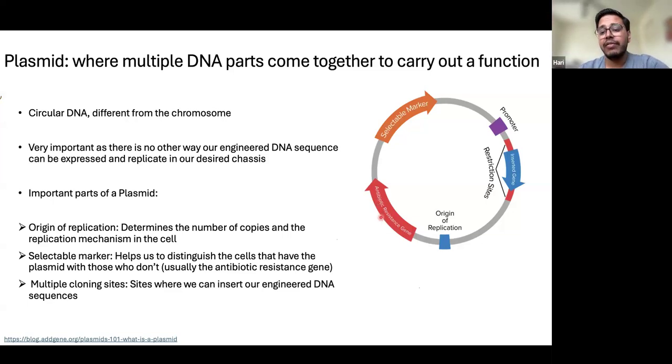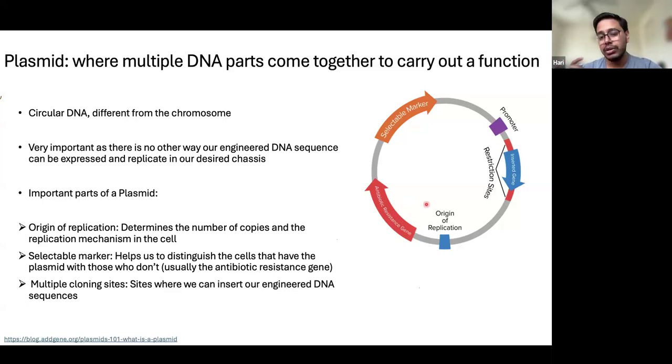So if we have an antibiotic resistance gene, let's say the gene is responsible for building resistance towards the antibiotic ampicillin, then this gene will be responsible for making the proteins that make the cell resistant to ampicillin. And if we have ampicillin in the media, the cells will be able to grow even in the presence of ampicillin.